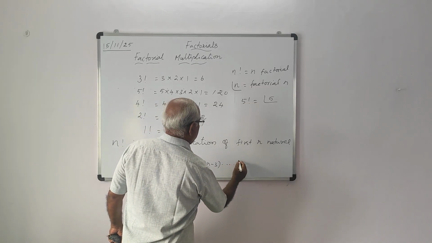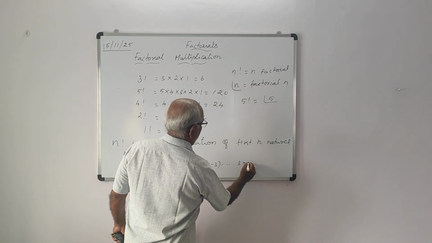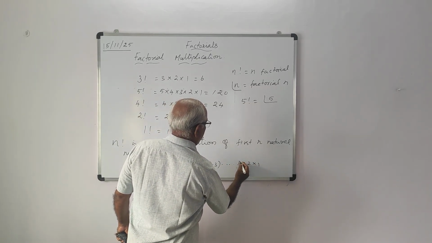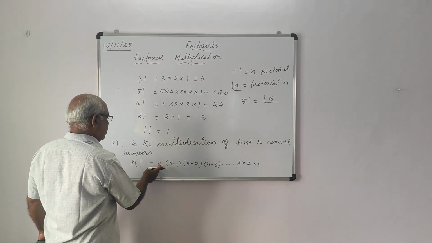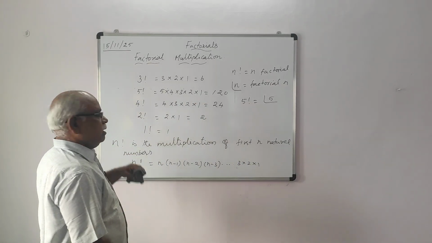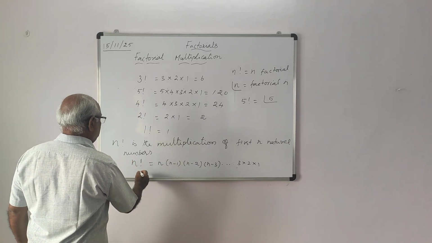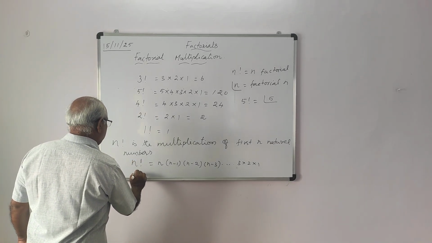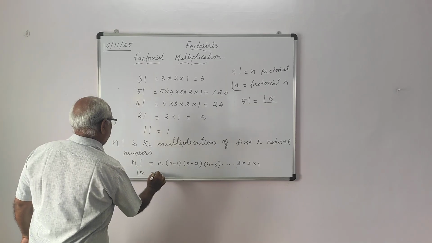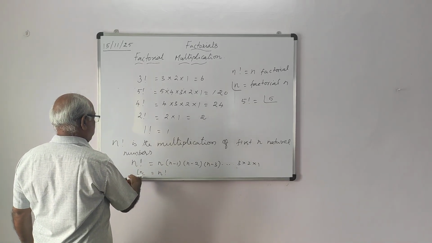Finally, the last number is 3, 2, 1, ending with 1. The product of the first n natural numbers is the value of n factorial. It is otherwise also denoted by factorial n. Both are the same.